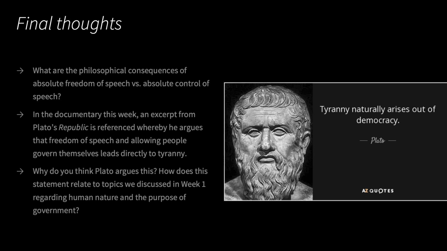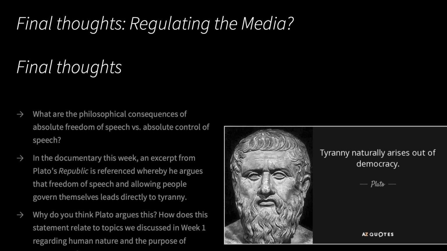And I want you to think about this. What do you think Plato means by this? And how does this statement relate to topics that we discussed in week 1 regarding human nature and the purpose of government? Does democracy inevitably lead to tyranny?